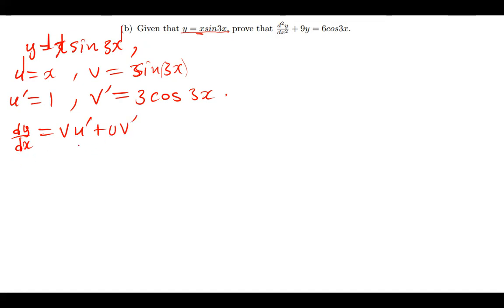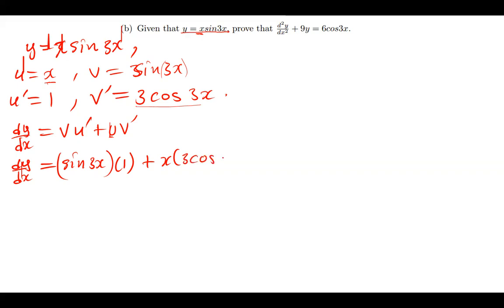So we can plug in the values. dy dx is equal to v, which is sine 3x, multiplied by u prime, which is 1, plus u, which is x, times v prime, which is 3 cos 3x.